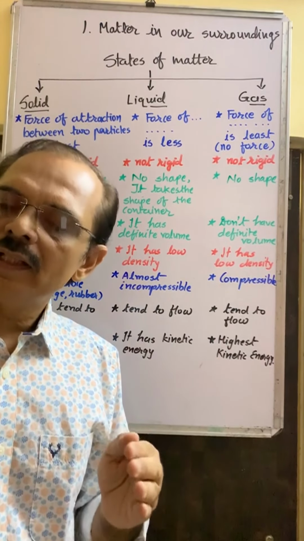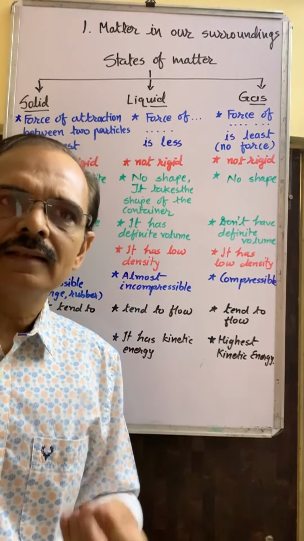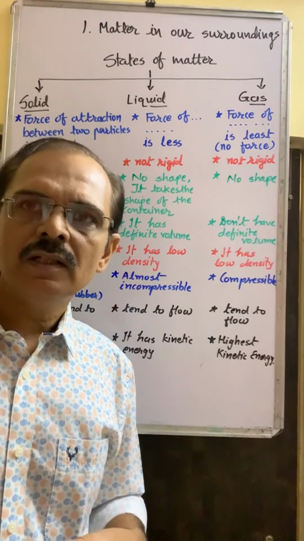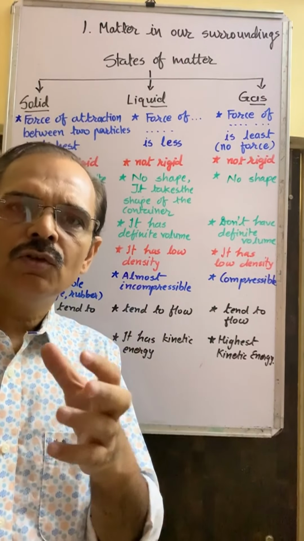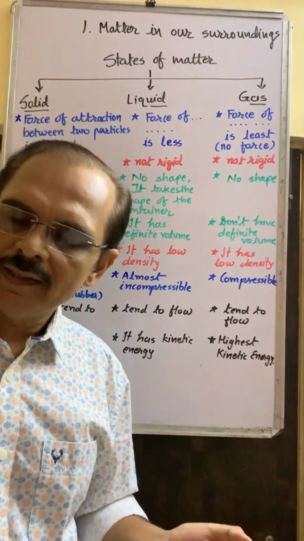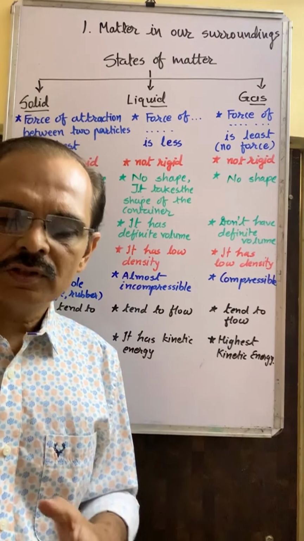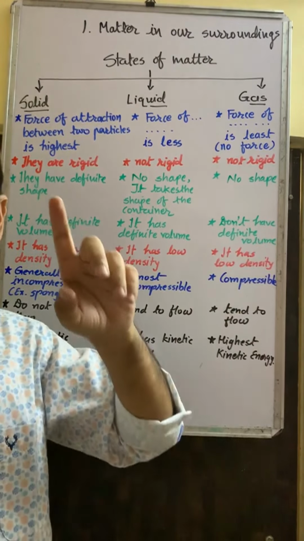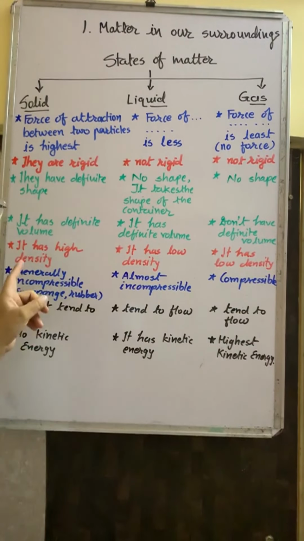We can calculate it approximately, not exactly 1000, because from the sides of a window or a door or any other places, air can move very easily. So this is the approximate value, and so we can say that it has no definite volume.